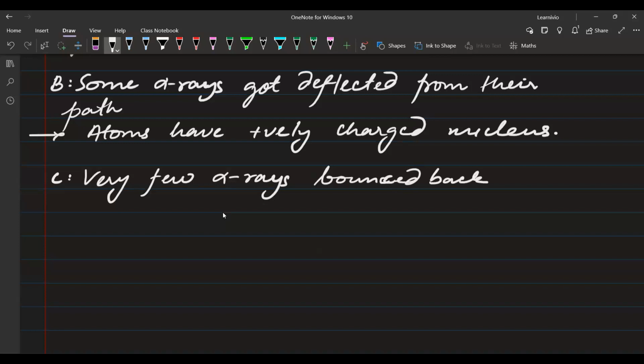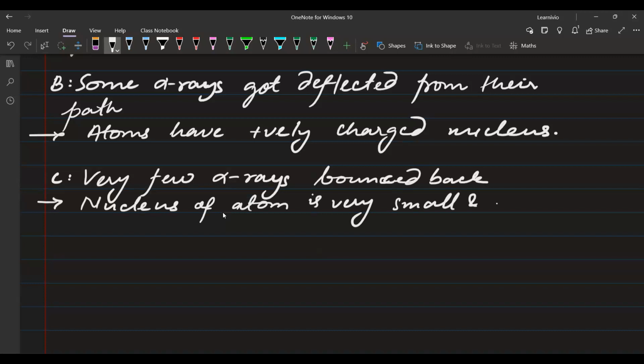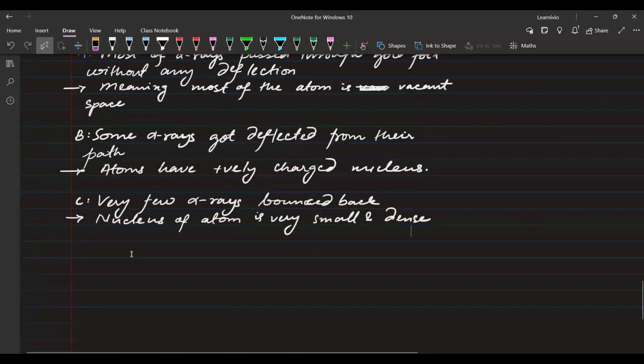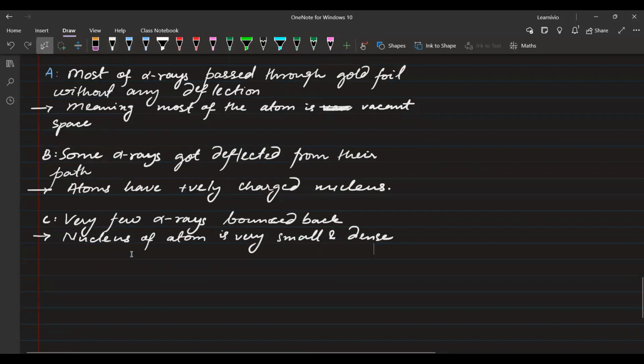Very few alpha rays bounce back, meaning the nucleus of the atom is very small and dense, tiny and dense. So these are the three observations and these are the three conclusions that we can draw.